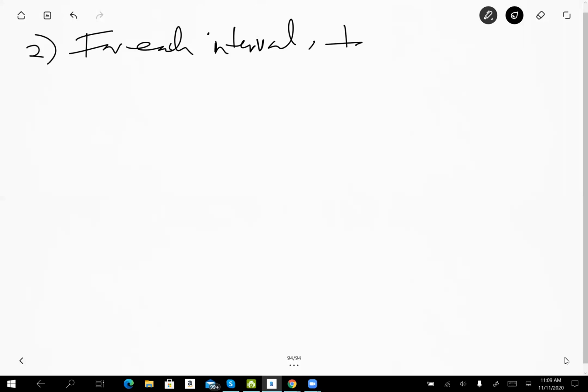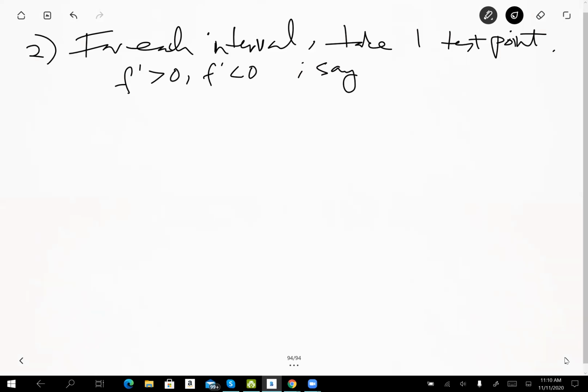You take one test point to test whether f prime is positive or f prime is negative. Before we do that, of course, we look at the intervals.